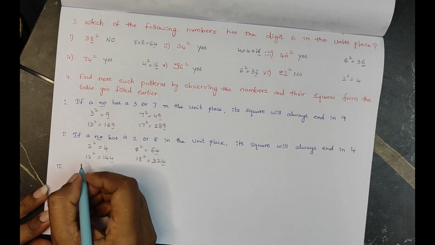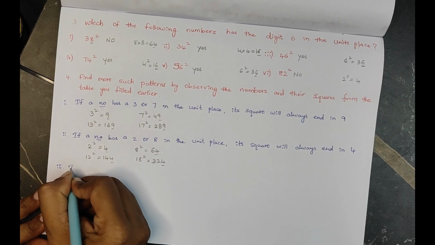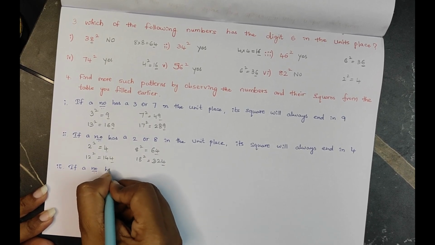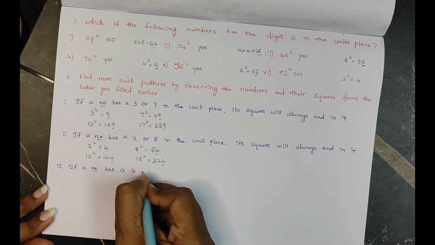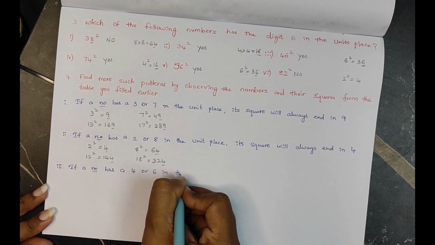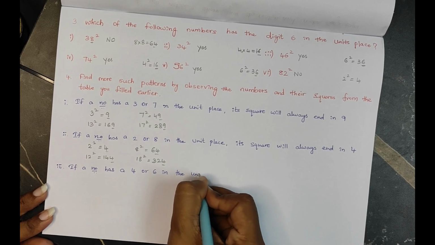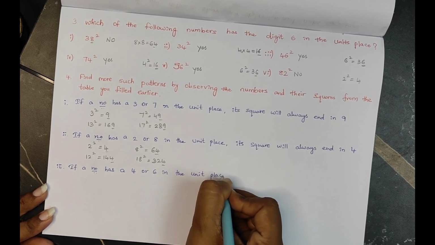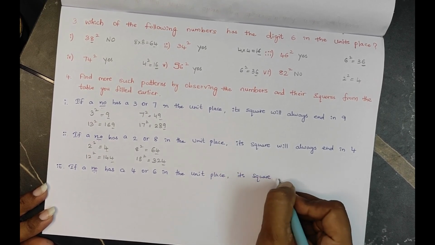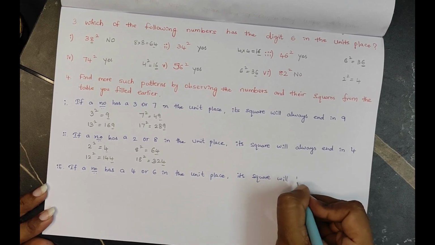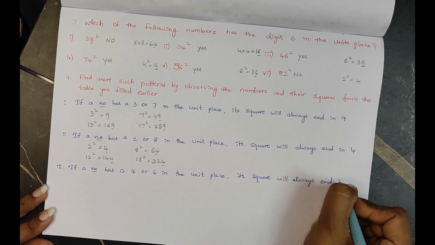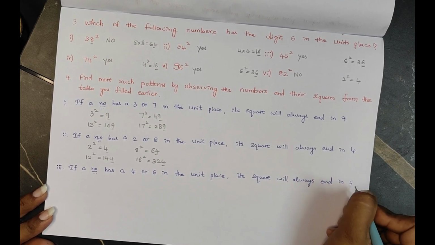Third one: if a number has a 4 or 6 in the unit place, its square will always end in 6.